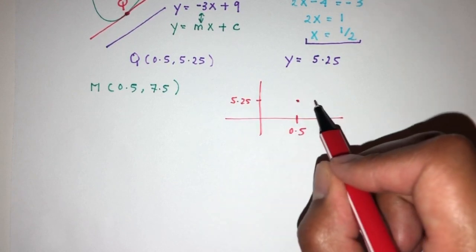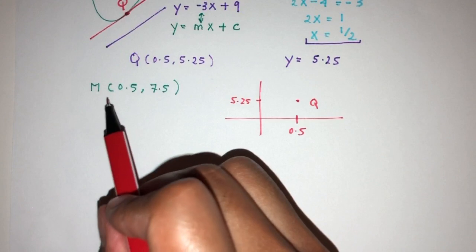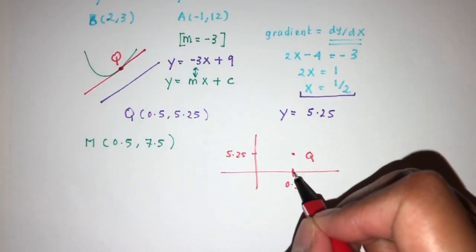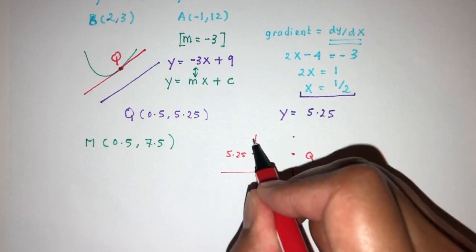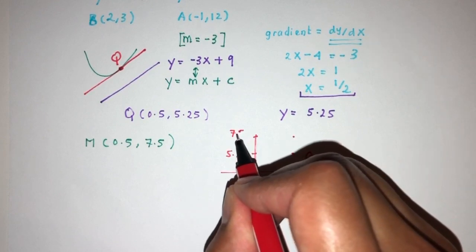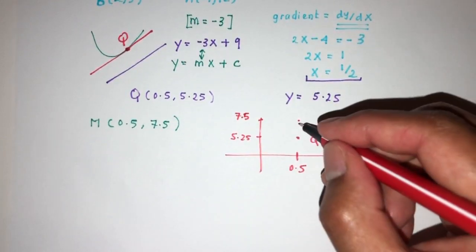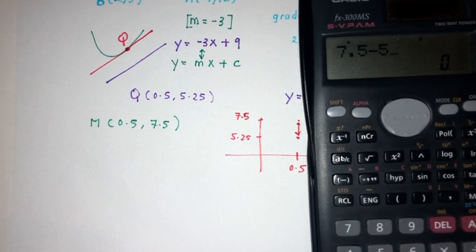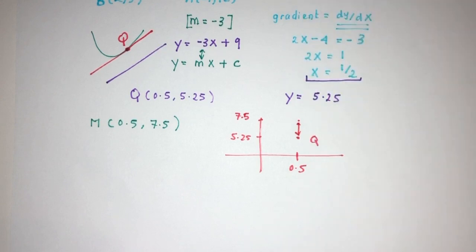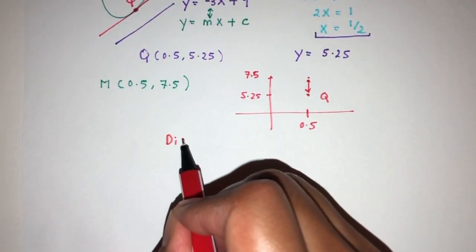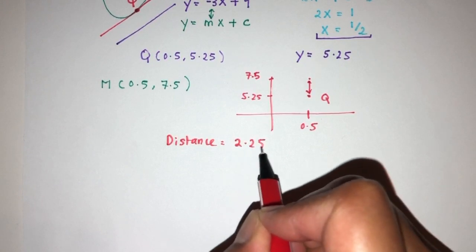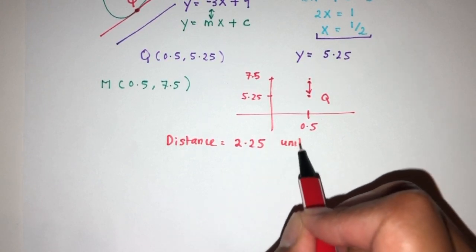This is my point Q. Now here M has 0.5 again, the same x value, and 7.5 will be vertically upwards here. So what is the distance? It will be this difference, right? So this will be 7.5 minus 5.25. That should be 2.25. The distance will be 2.25 units, obviously.